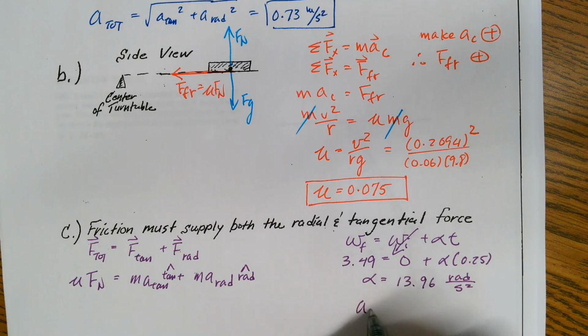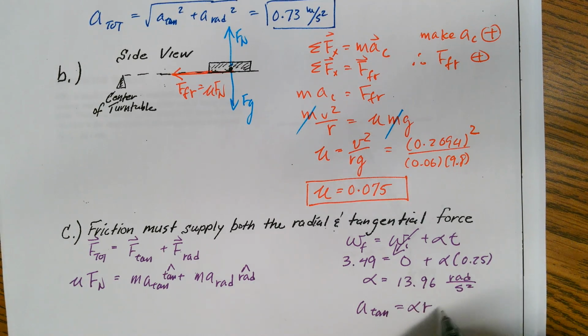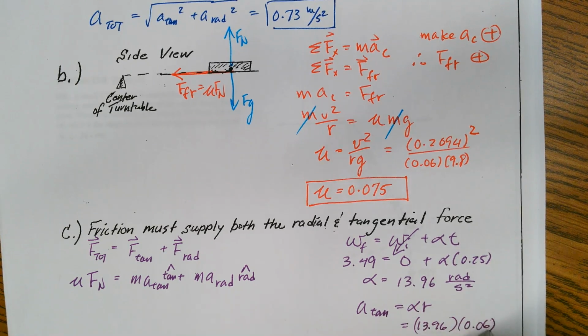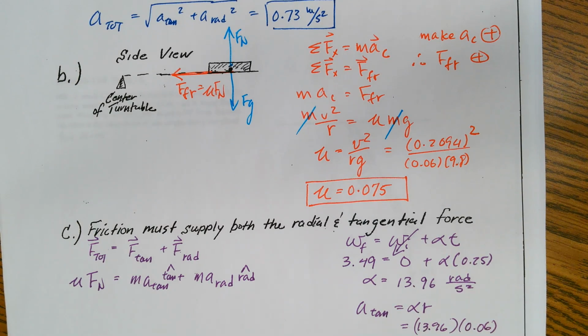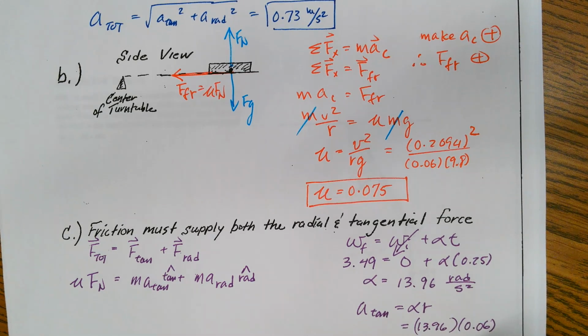So a tangential is equal to alpha r. So my a tangential is equal to 13.96 times 0.06 meters, which comes out to 0.84 meters per second squared.